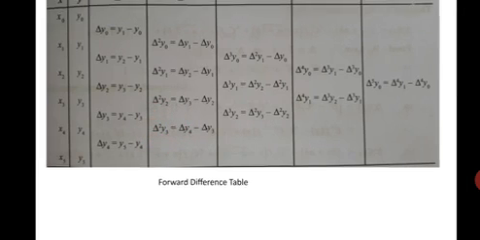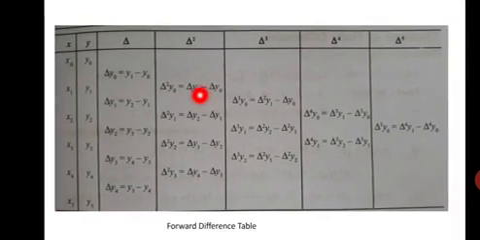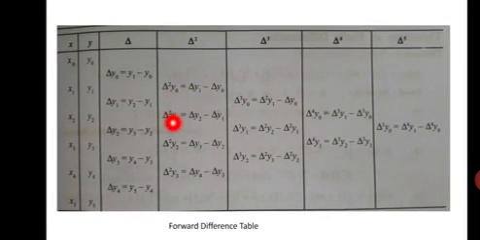You can observe here, friends, here it is y0, y1, y2, y3. It is with delta square, all are with delta square. Here all are with delta. As the difference table goes on, the number of elements is going to reduce, right?